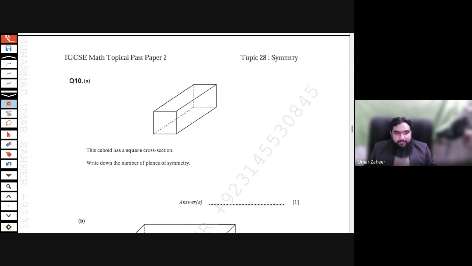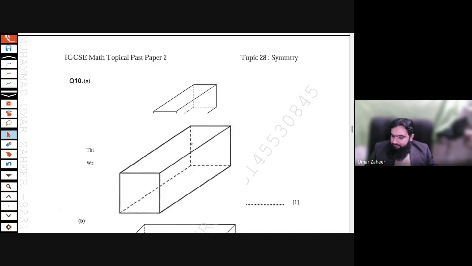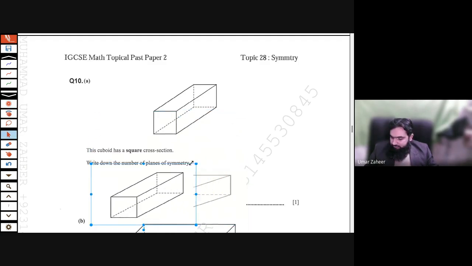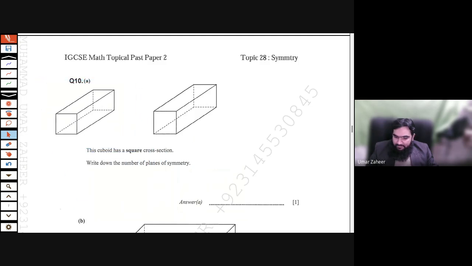All right, now this is the important question. Now he says that you have a cross section. And in a cross section, you know that in a square the diagonal is going to be a line of symmetry, right? This means that we are able to draw two more. Now let's take an image of this one. First of all, I'm going to draw the simple one.